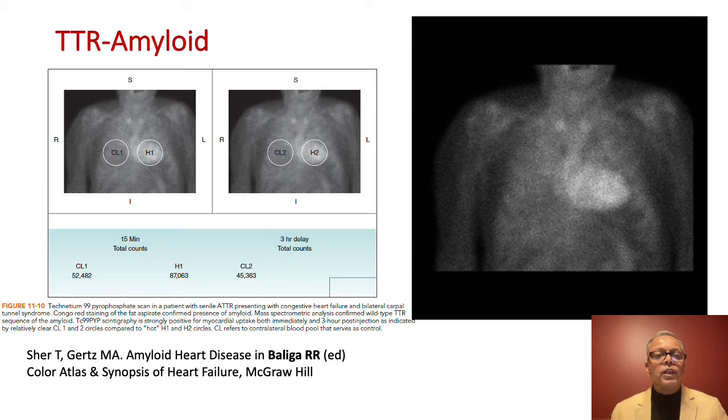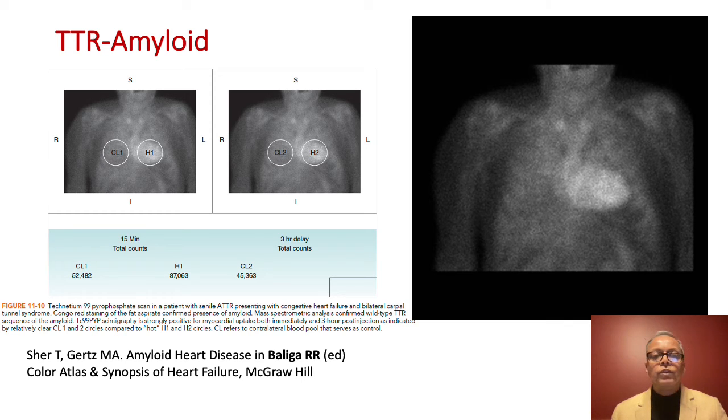In cardiac amyloid, especially in TTR amyloid, the screening test is now the technetium 99 pyrophosphate scintigraphy. You will see that in the left panel, the left side confirms myocardial uptake by the heart immediately, and is present even 3 hours post-injection, indicating clearly that this patient has TTR amyloid.